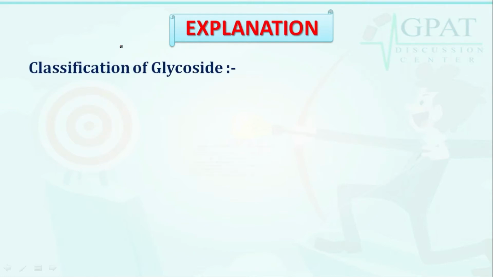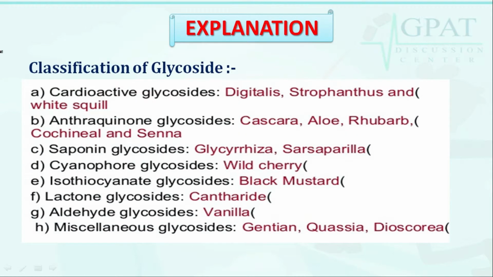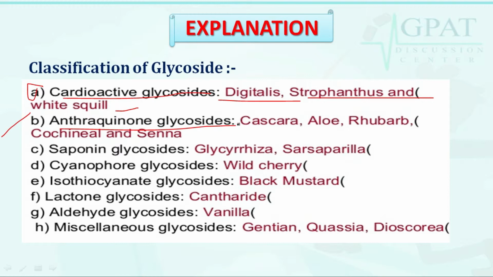So here we have an explanation. It's an important classification, students. First one is cardioactive glycoside, that is digitalis, strophanthus and squill, whereas anthraquinone glycosides are cascara, aloe, rhubarb, cochineal and senna.